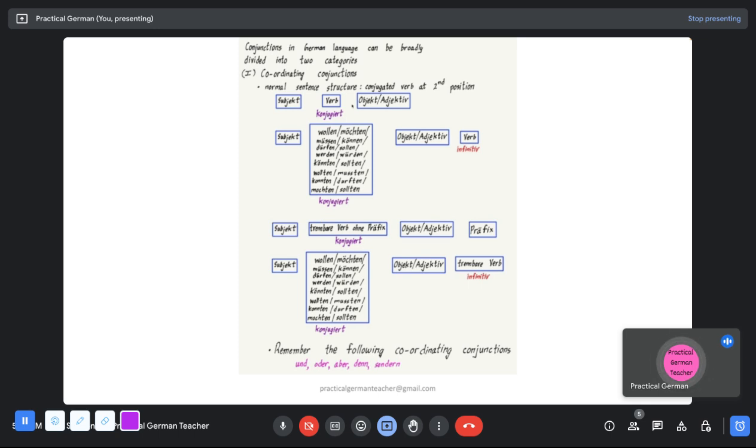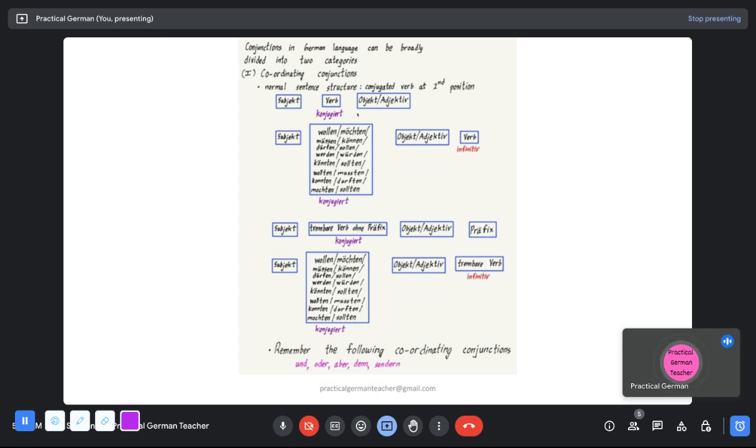If you have a normal verb, subject, verb, object or adjective. If you're using a modal verb, subject, modal verb, and the actual verb at the last position in infinitive format. The modal verb has to be conjugated. And if you're using a trennbare verb, there is no change. The trennbare verb without prefix has to be conjugated, and the prefix has to go at the last position.